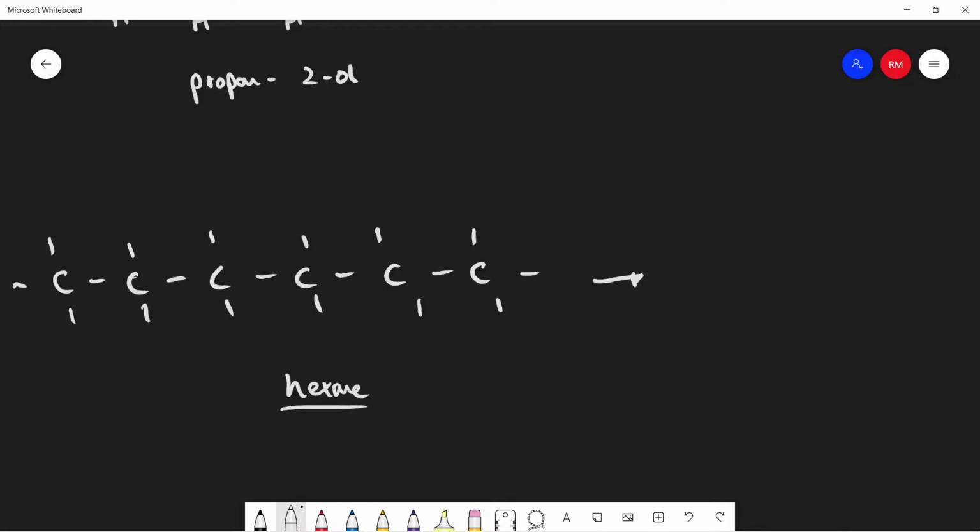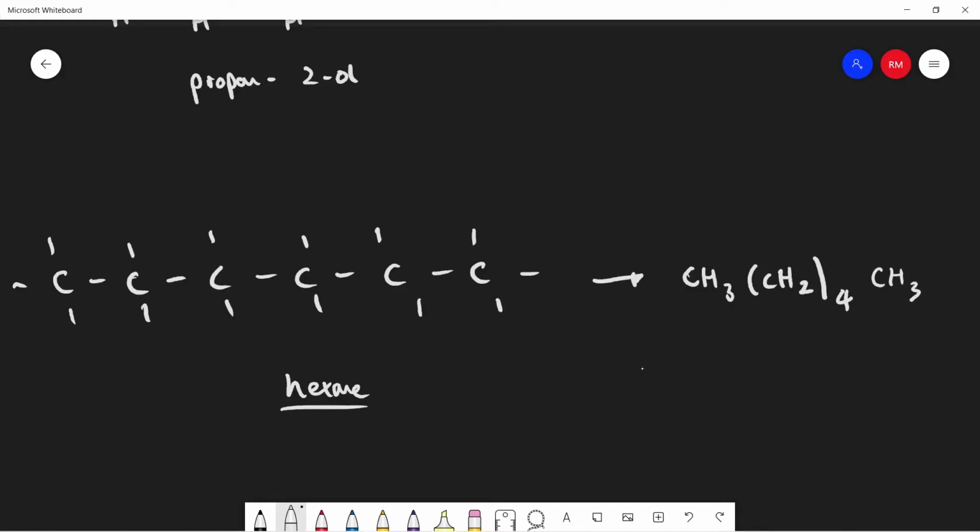Well, there's a simpler way than just drawing out all the CH3s, CH2, CH2, and what have you. We can use another bracket to condense it. So here we have 4 CH2s all in a row.